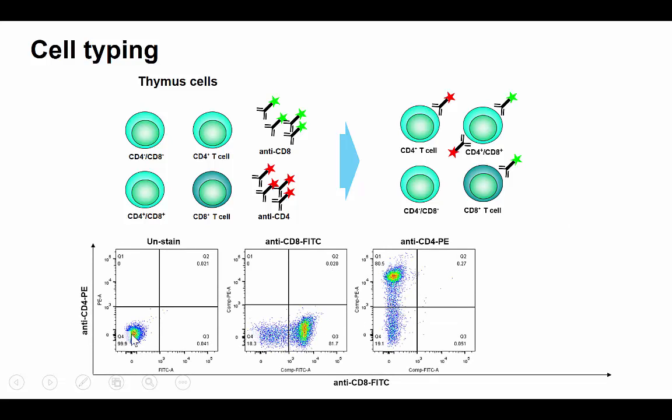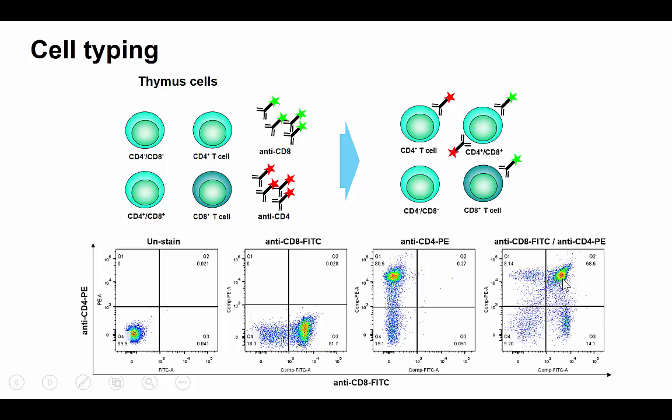This is the unstained status. We don't see any green or red color. This is CD8 and this is CD4. By analyzing those two colors, we can tell this is CD8 only, this is CD4 only, and this is CD8 and CD4, cells expressing both. If you have enough different antibodies and different colors, it's possible to isolate and detect hundreds of different cell types using this flow cytometer technique.